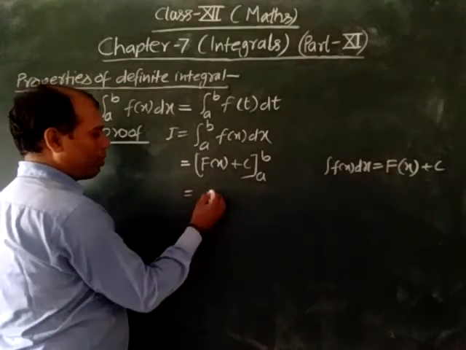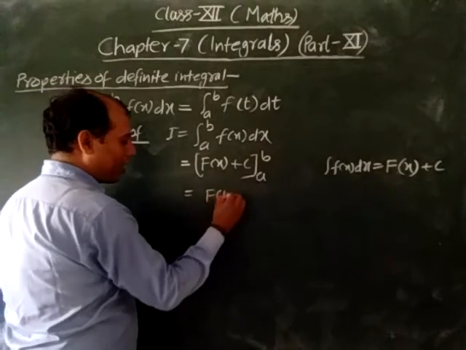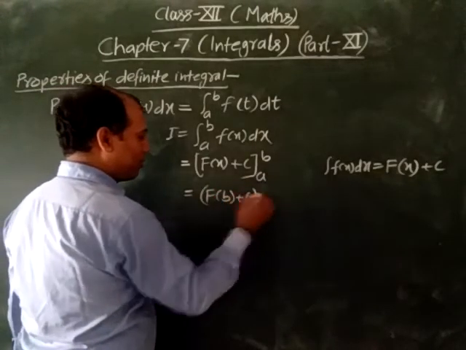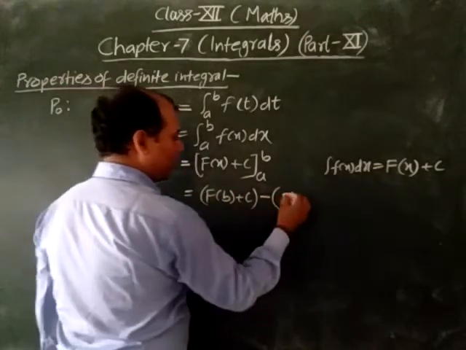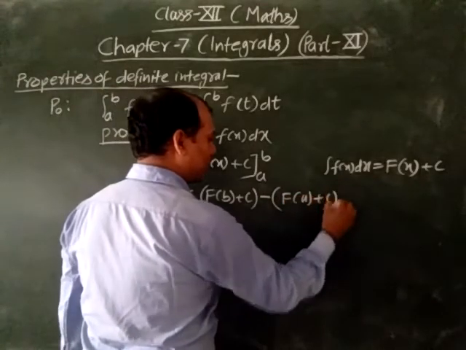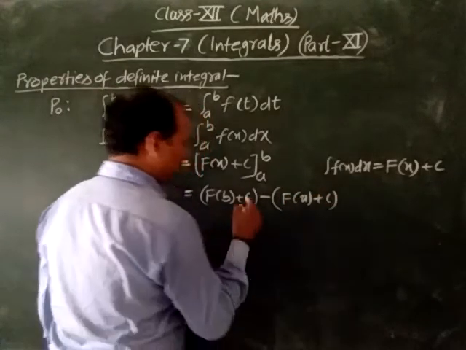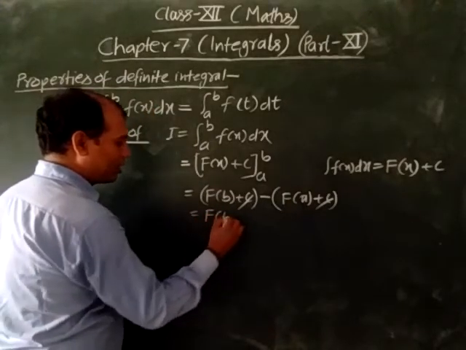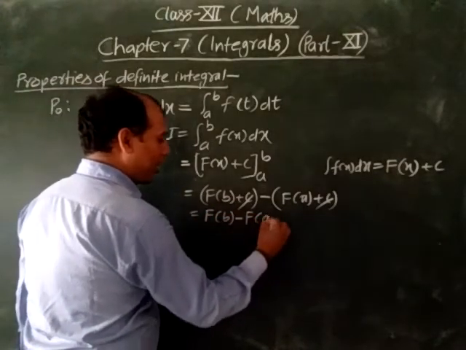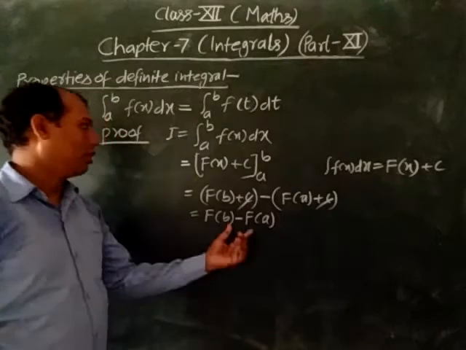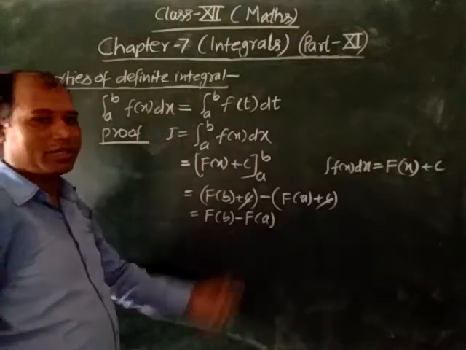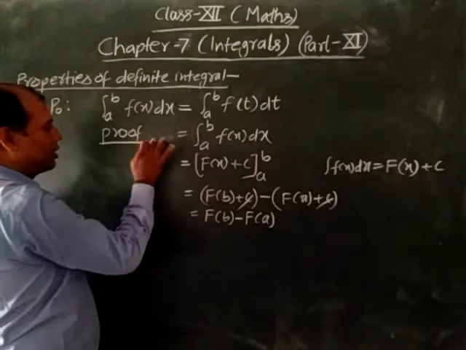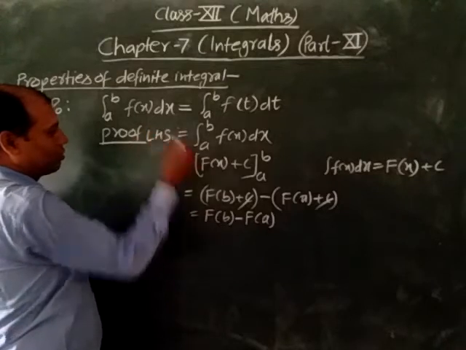Now if we put the upper limit in this, we get F(b) plus c minus F(a) plus c. Now this c is cancelled out with this, so we get the value of this as F(b) minus F(a). Consider this as LHS.